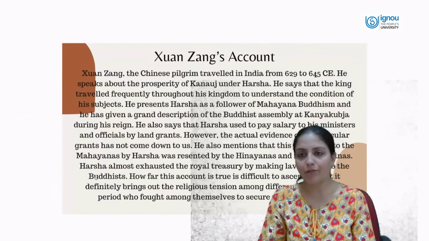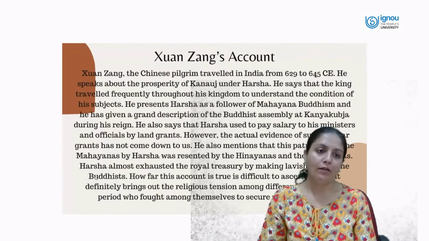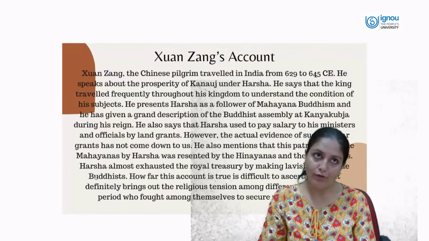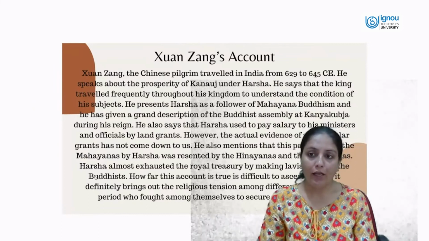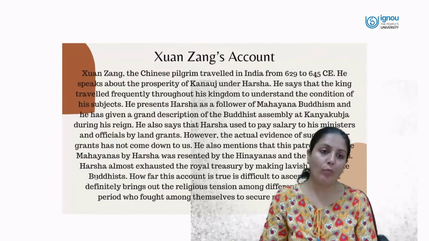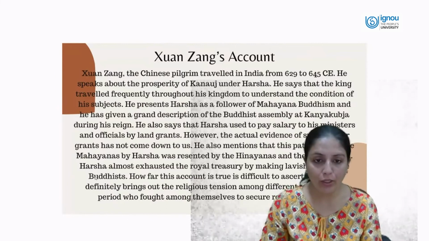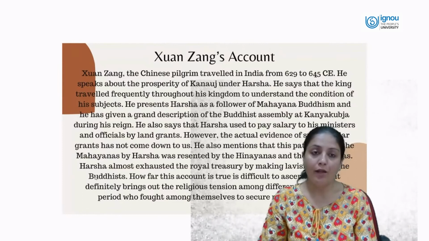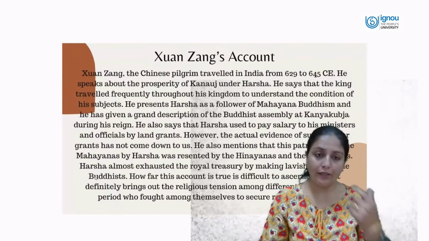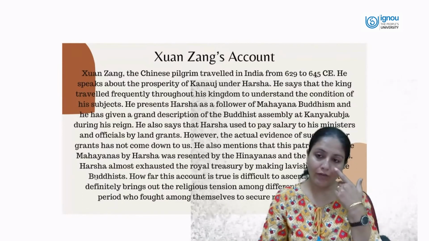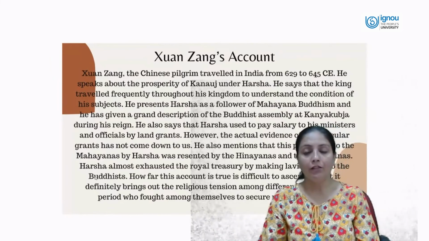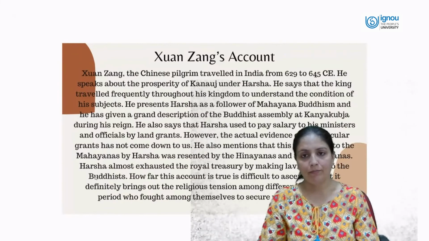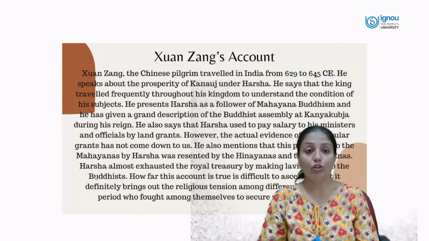Travelers' accounts: Xuanzang and Faxian, Ibn Battuta, Bernier. And what was the role of court poets in front of the rulers, like Samudragupta? As we discussed in yesterday's class, Harisena was the court poet of Samudragupta.